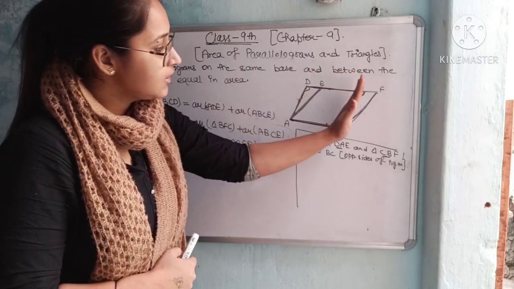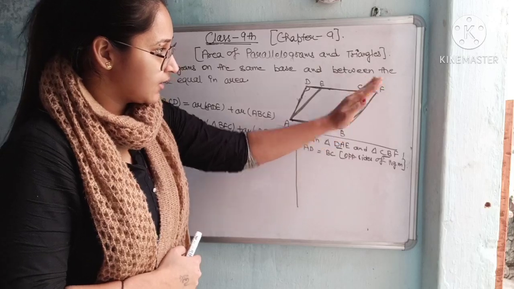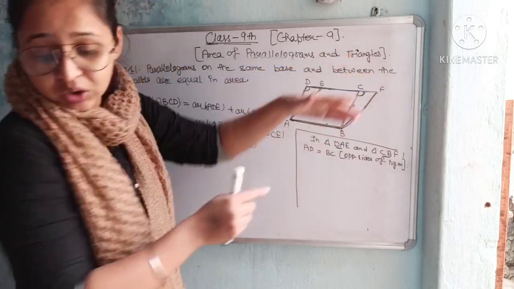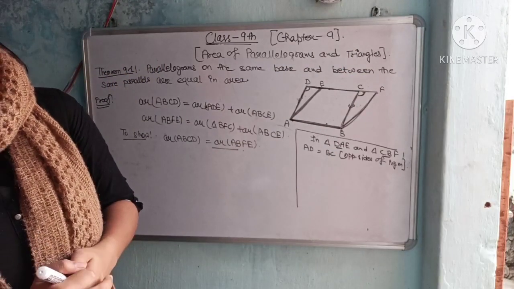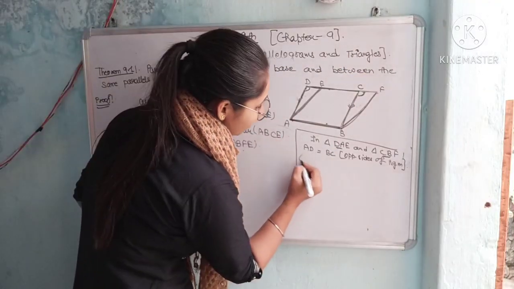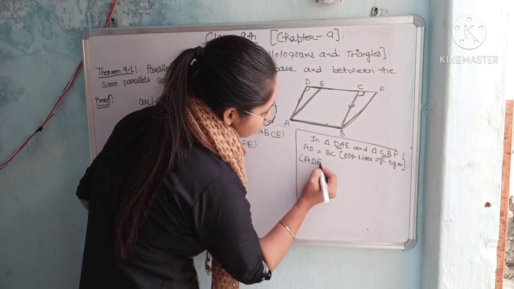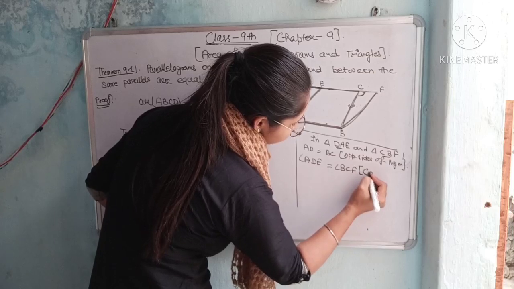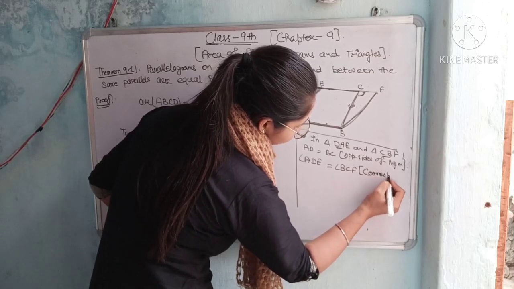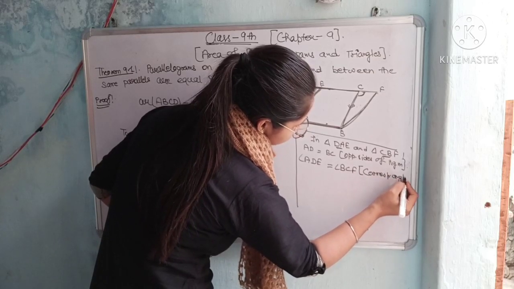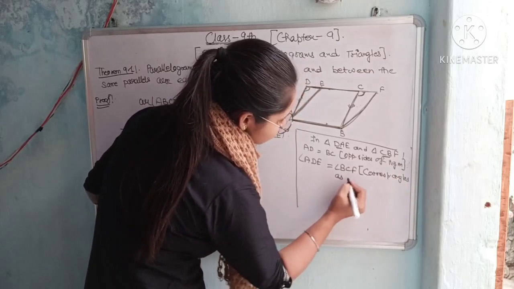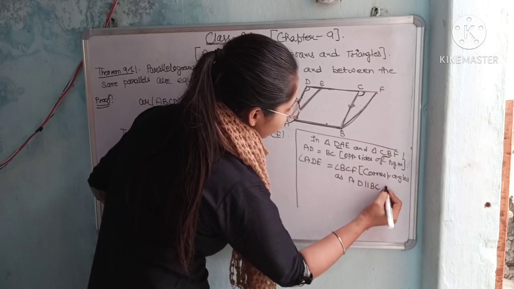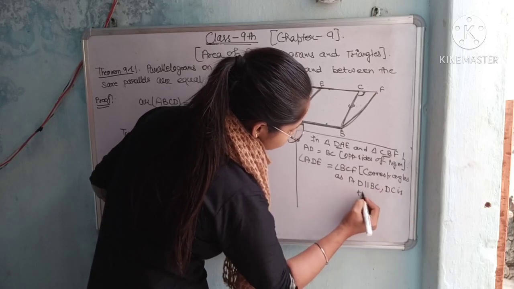So this angle will be equal to this angle by corresponding angles. So angle ADE is equal to angle BCF, and the reason is corresponding angles, as AD is parallel to BC and DC is a transversal line.